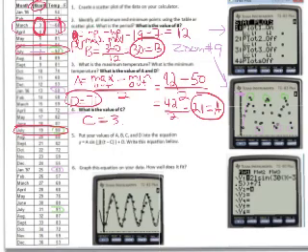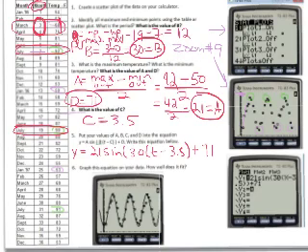Okay, it says put your values A, B, C, and D into the equation, and so that's what we'll do. So y equals 21 times the sine of (30(t minus 3.5)) plus D, which is 71.